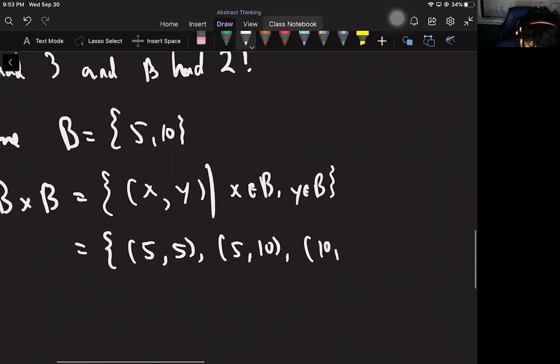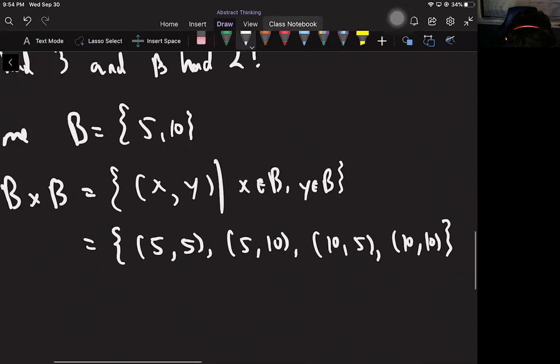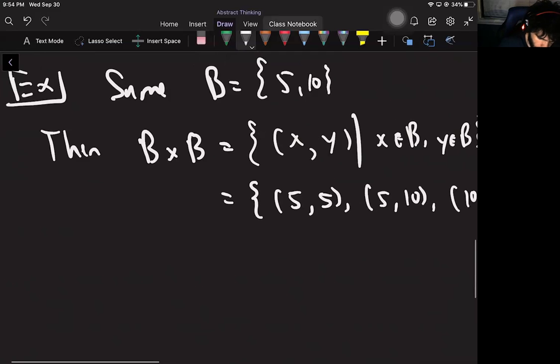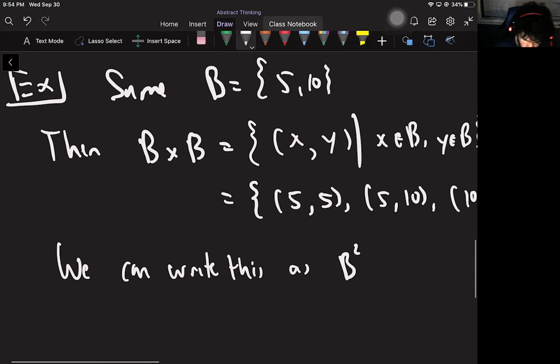And then I can make 10 be the first coordinate and 5 be the second coordinate, and then I make 10 be the first and 10 be the second. So now I get this set. And then we can also write this as B squared. So if you cross a set with itself, you can just call it B squared for short. It's a nice notation. Makes sense for products.